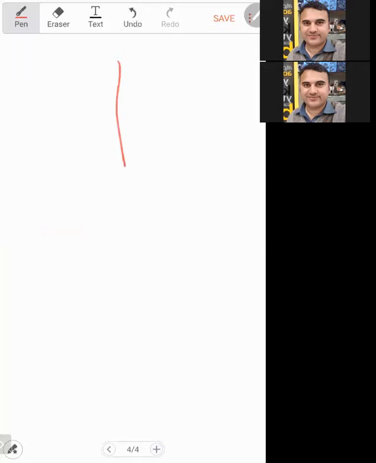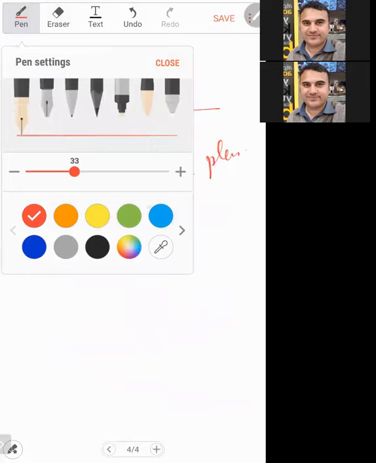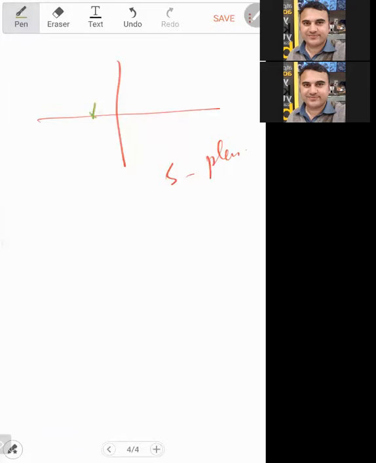Suppose we have this complex S plane, and let's say the poles are located on the real axis here. If the two poles are located at the same point, or if the two poles are located far away from each other, but on the real axis, we know that it can be either a critically damped system or an overdamped system.